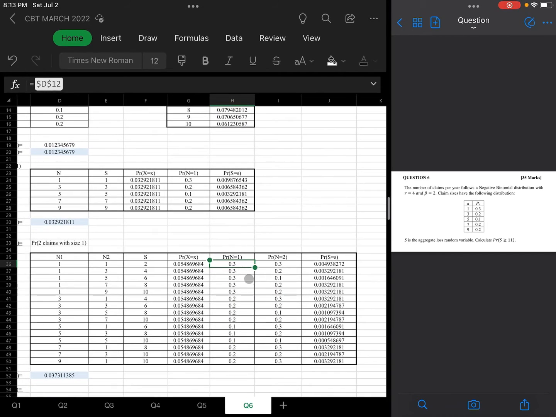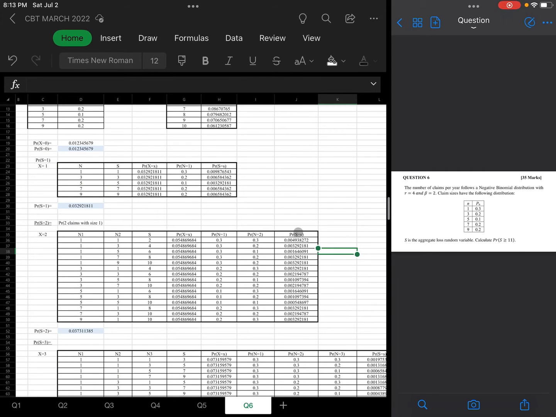After filling in all the probabilities, we can find the probability of s equals s by multiplying the probability of x equals x times the probability of n equals 1 times the probability of n equals 2. After we found the probability of s equals s, we just need to sum all of these values to find the probability of s equals 2. So we will get 0.0731138 as our answer. We will apply this concept to all of the values of s.